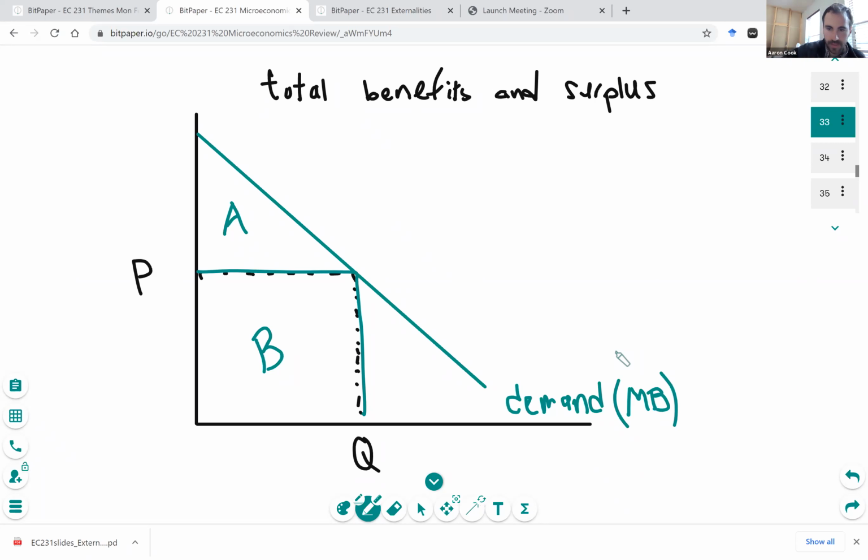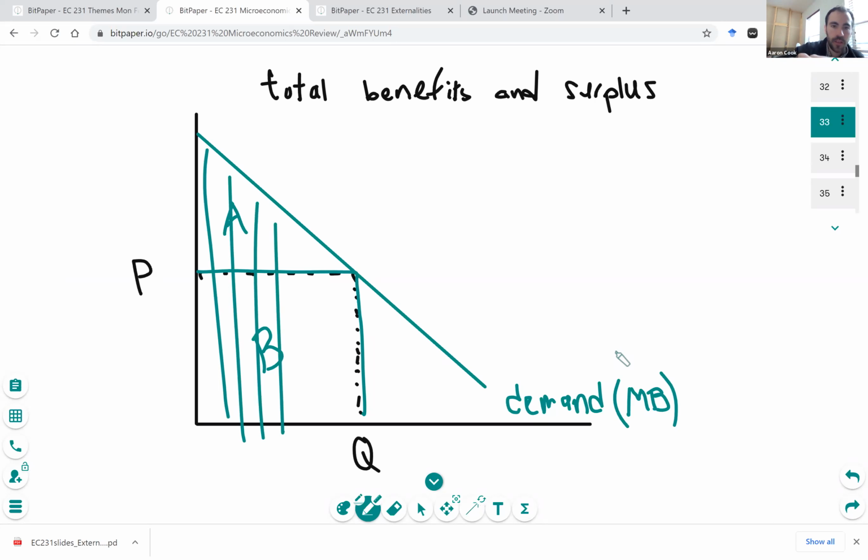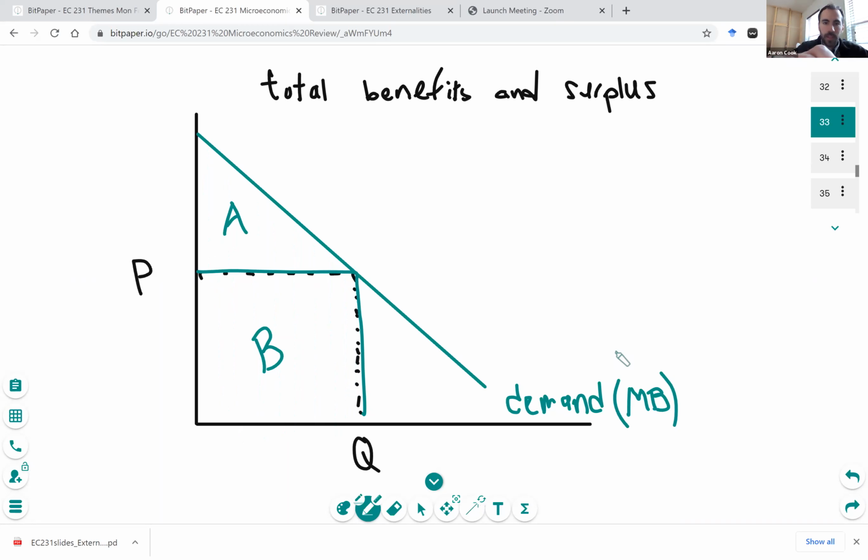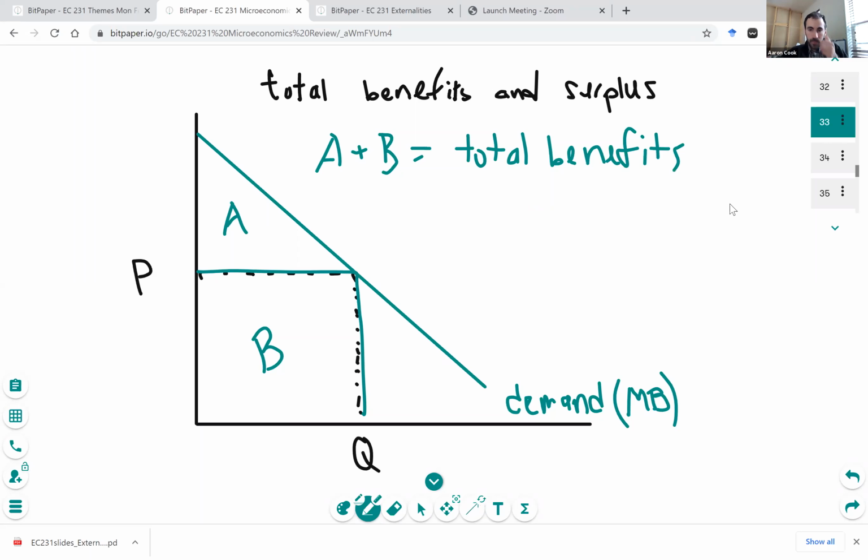So the total benefits to these consumers of consuming quantity Q is the entire area below the demand curve. That's the total benefits to consumers for consuming that good. It's A plus B. A plus B is the total benefits.